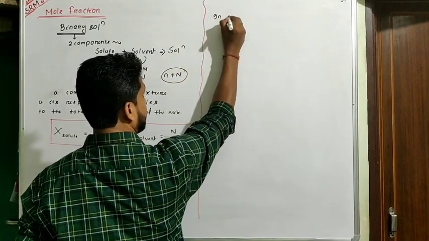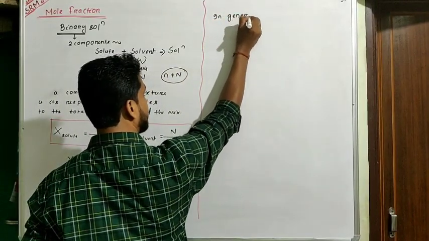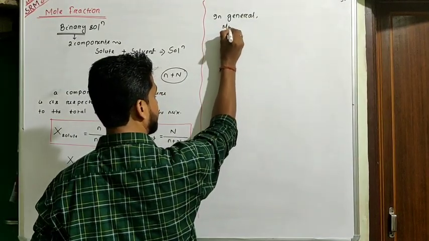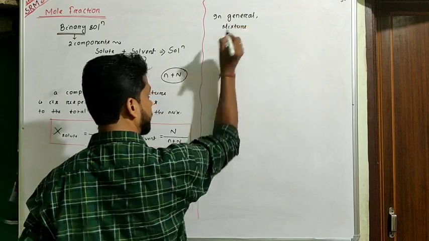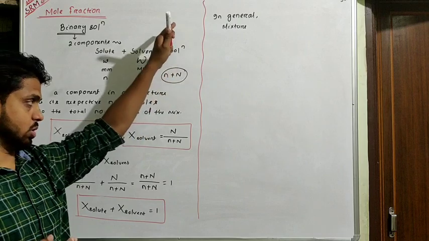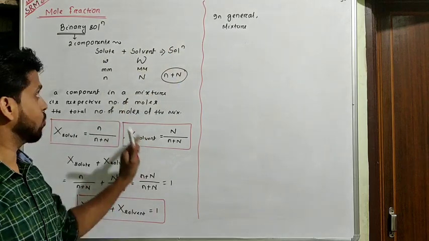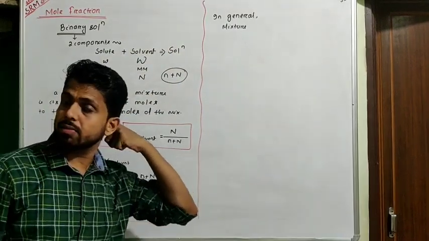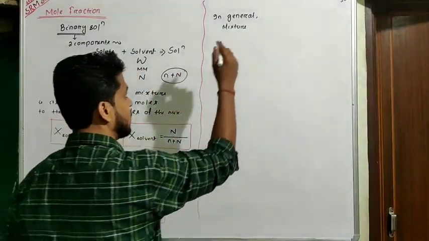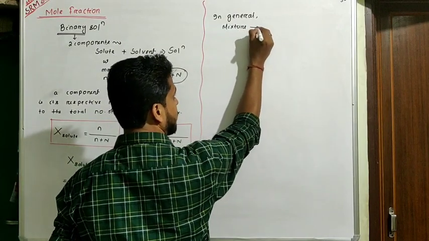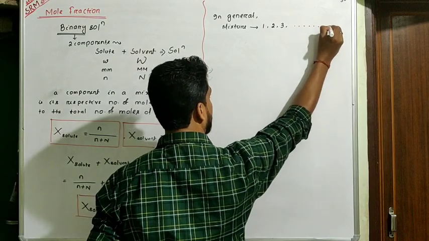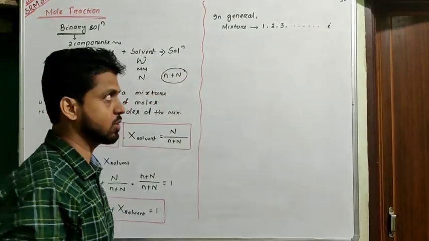In general, let it be a mixture. You have already discussed this. We have already studied this mole fraction part in the 11th, in the gaseous state, the partial pressure part, you must have read. Let the mixture contain 1, 2, 3, up to the ith number of components.